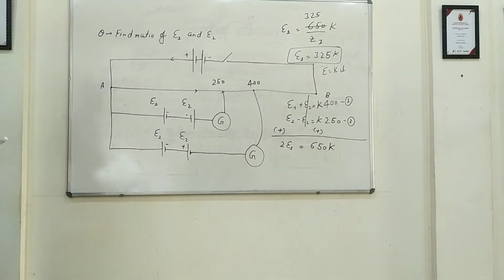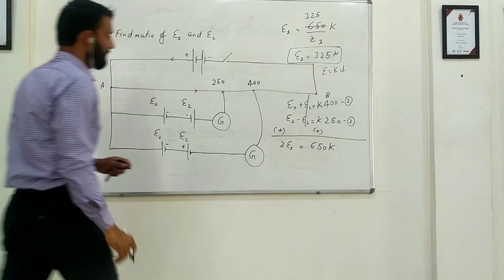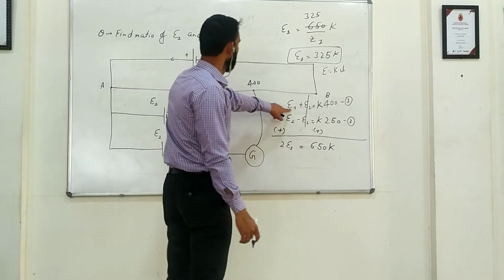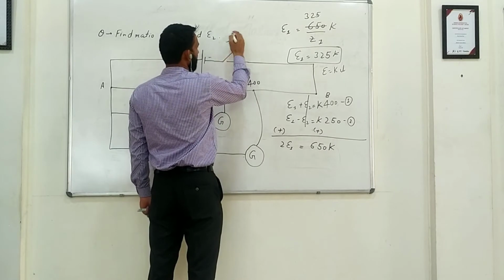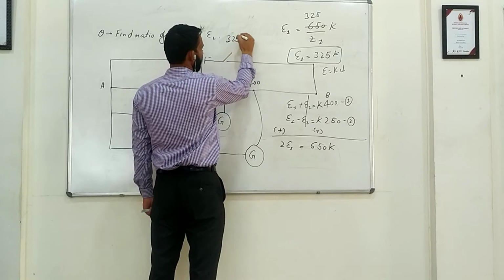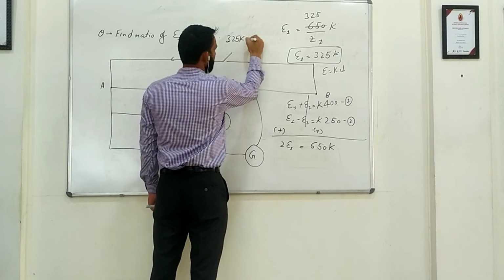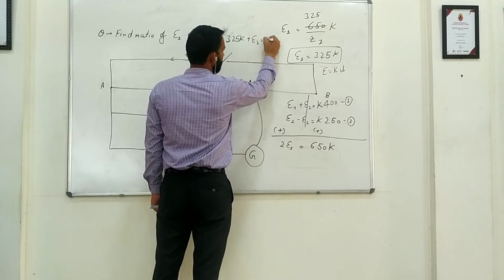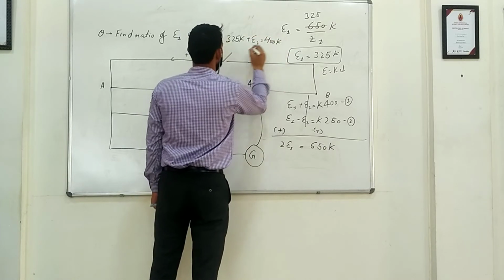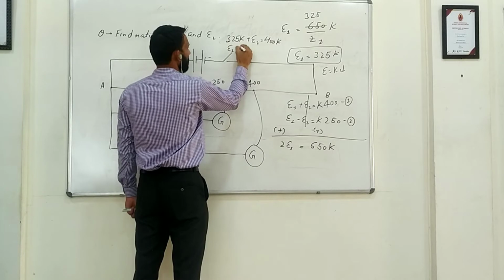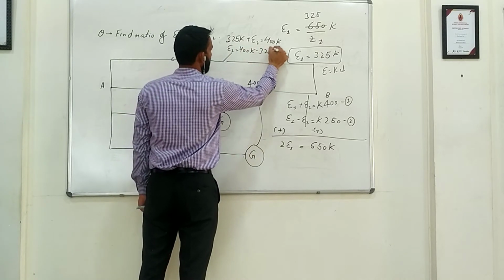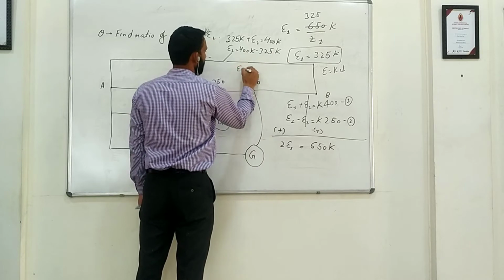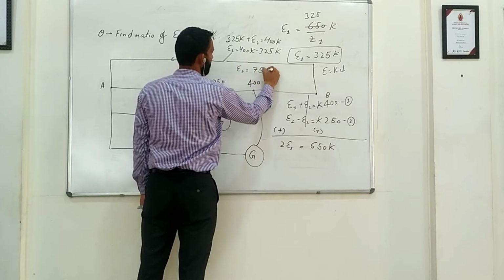Now I can calculate the value of E2 by substituting it here. E1 is 325 K, plus E2 is equal to 400 K. E2 will be equal to 400 K minus 325 K. E2 will be equal to 75 K.